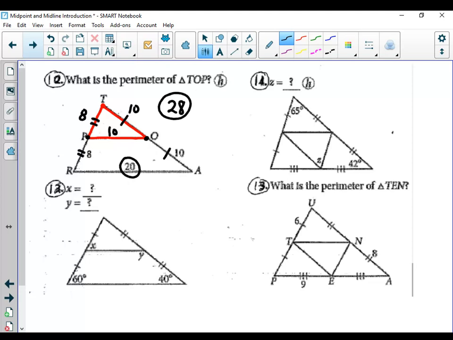All right, let's see what we might do on number 11. Notice the same setup. This time they drew in more than just one mid-segment, but we know all these triangles are congruent, just like they were earlier. Which means this would have to have 1, this would have to have 3, that would have to have 2.